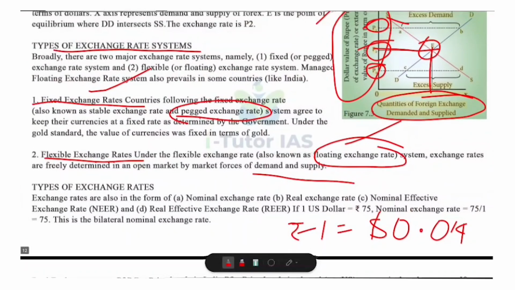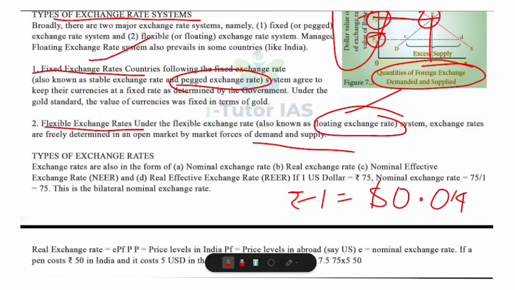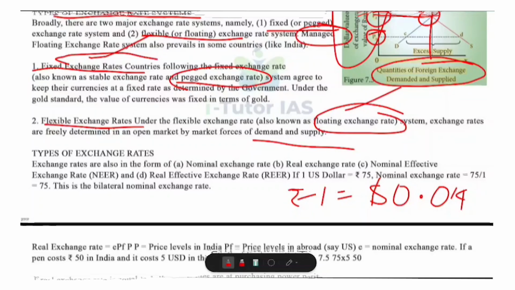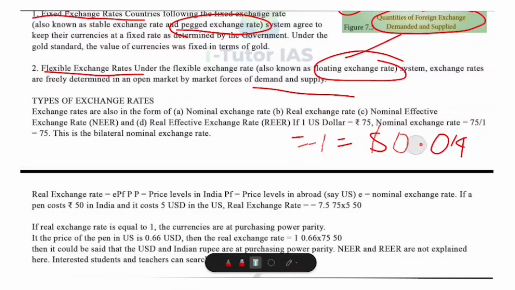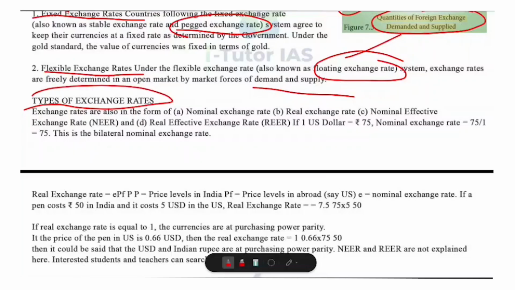So that's all about the types of exchange rate systems. What are those? Fixed exchange rate system, flexible exchange rate system, and also managed floating exchange rate system. So this managed floating exchange rate system is a hybrid form of fixed and flexible exchange rate systems. Now we are moving to the next topic, that is types of exchange rates.